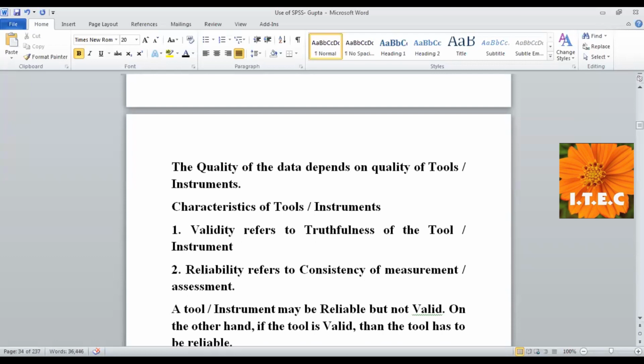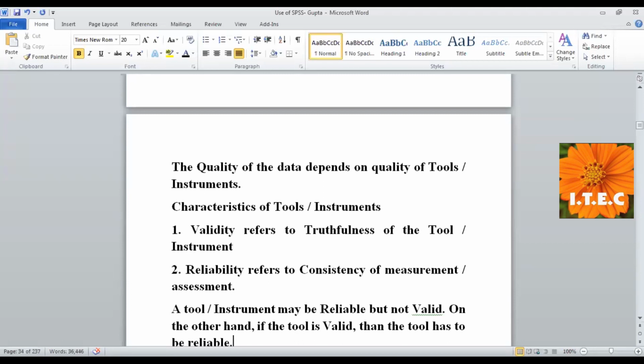So many a times people ask the question that if your tool is valid, do you think it has to be reliable? And if your tool is reliable, does it mean that your tool is valid? So your answer should be, if my tool is reliable, then it may or may not be valid. But if my tool is valid, then it has to be reliable.